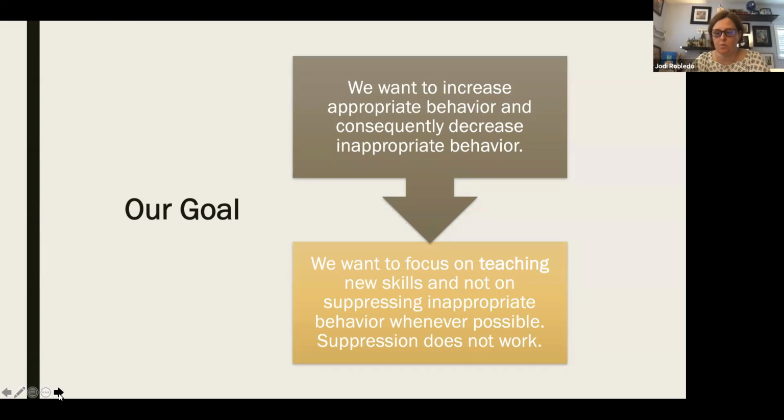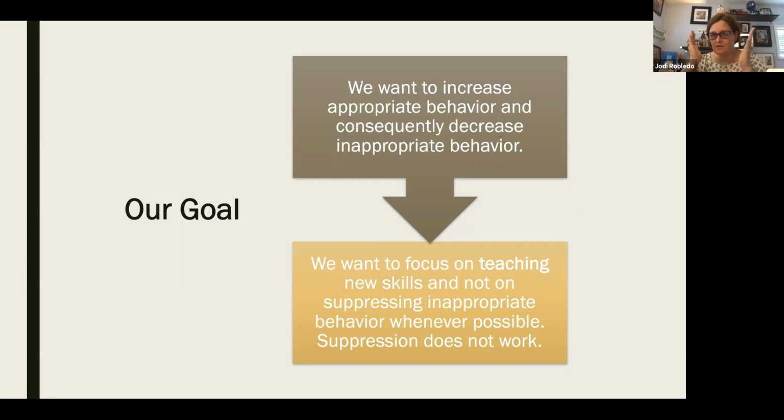So when you're tracking behavior, you're going to be tracking the problematic behavior, and then you're also going to be tracking the replacement behavior. And obviously you want the replacement behavior to go up and you want the problematic behavior to go down.